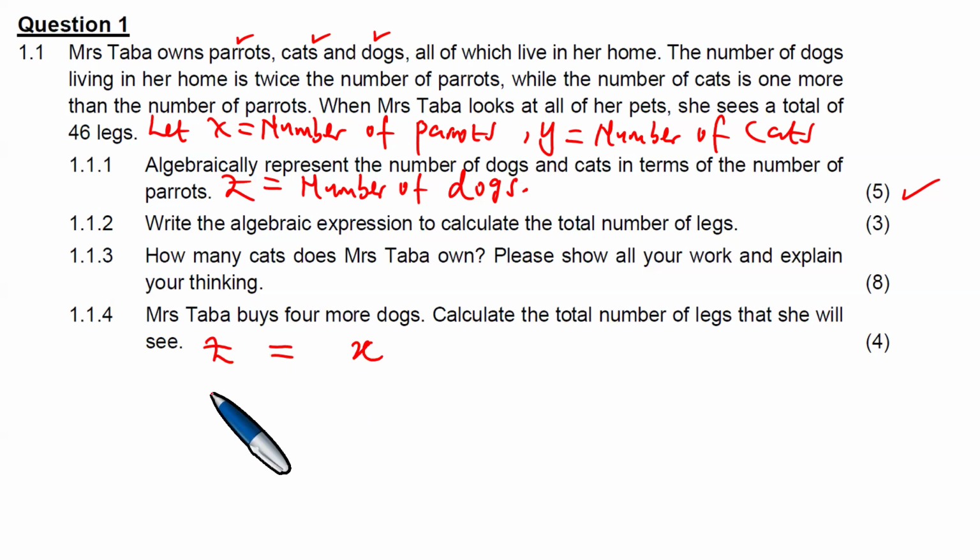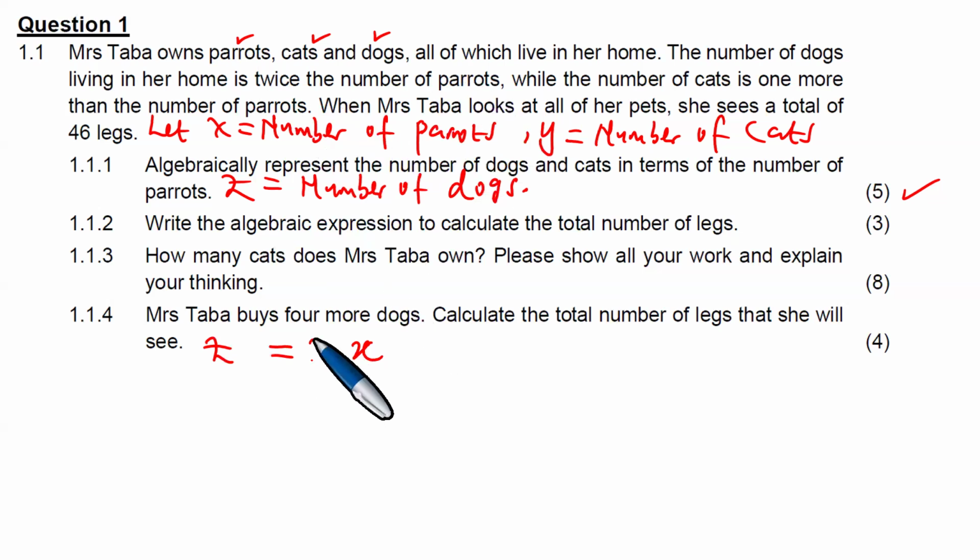So in the end, the number of dogs living in a home is twice the number of parrots. It therefore means that the dogs are more. So the parrots are less.